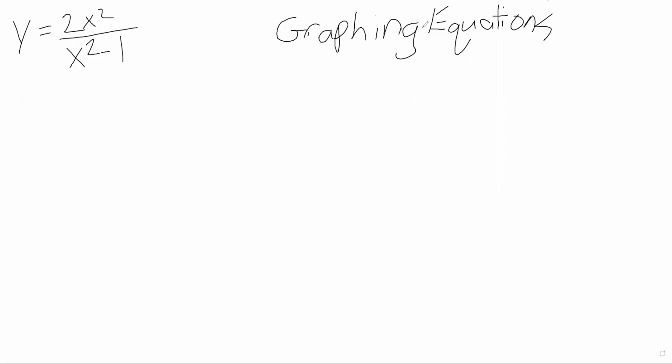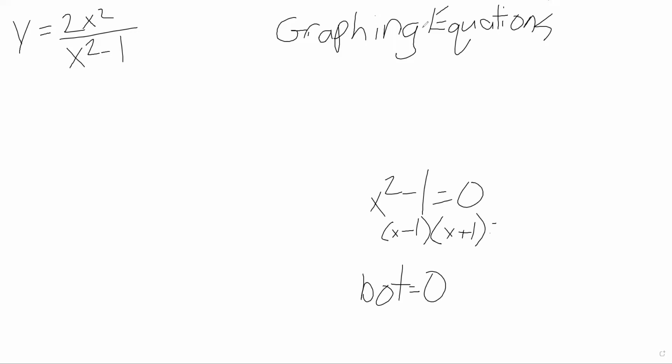So the first thing you want to do when you see any equation like this is, first of all, let's do the pre-calc stuff. So for the pre-calc, if you set the bottom equal to 0, right? So x squared minus 1 equals 0. So x minus 1, x plus 1 equals 0.